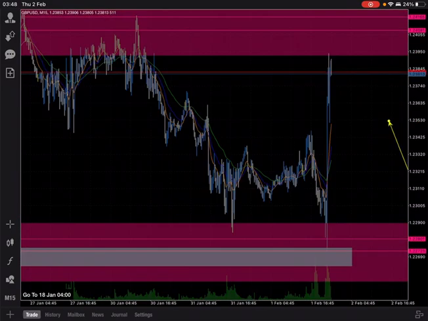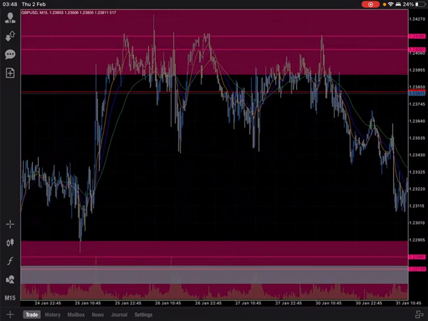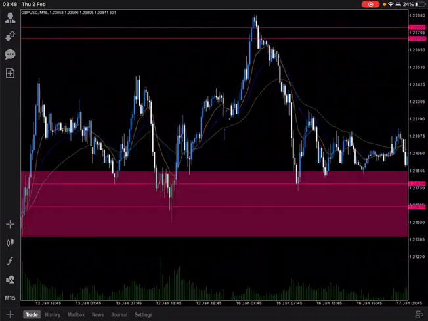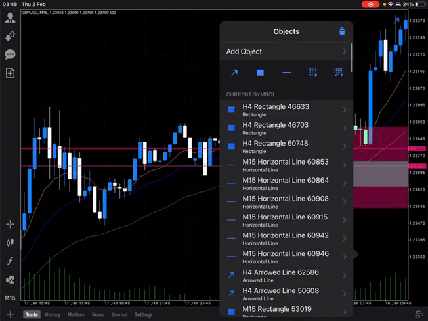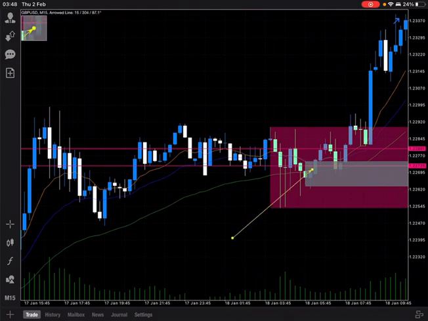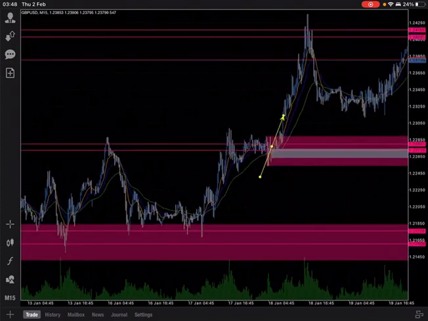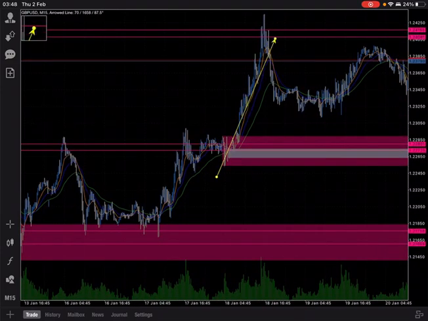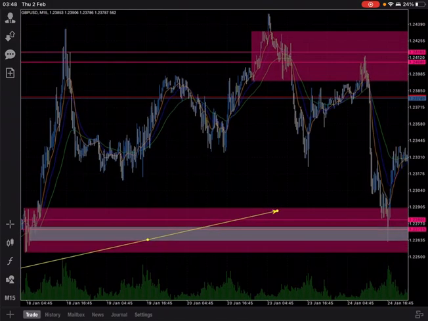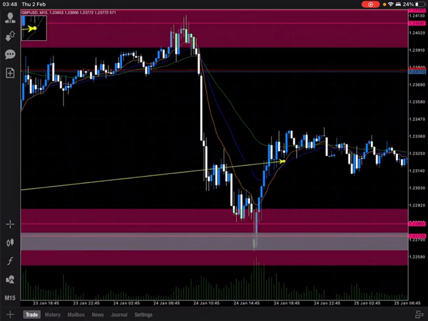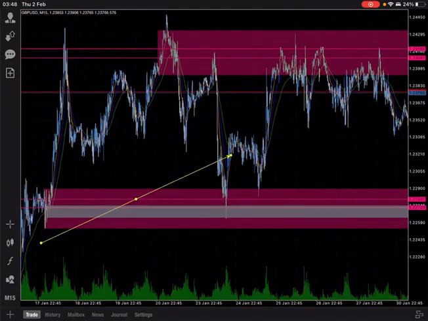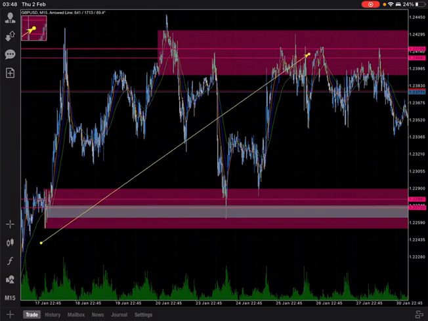So if we go down to an M15 time frame, you can see that there's a setup over here. Engulfing buy meets another engulfing buy that pushed the price all the way up into the sell key level on H4 over here. When price came back, it created another engulfing buy that was super strong to push the price again all the way up into our sell zone.